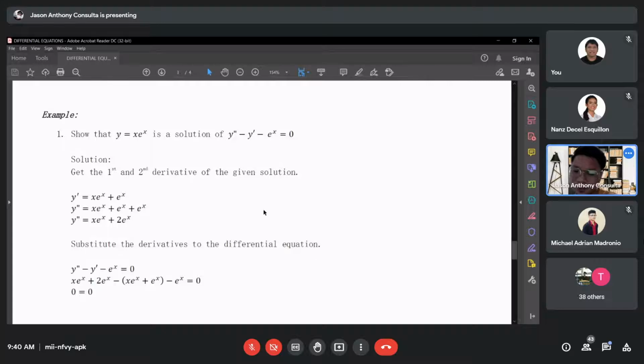Okay? Or may mali sa solution ninyo. So, usually class, if binibigay ko sa exam, talagang magsi-zero yan. So, dapat ma-prove nyo na mag-zero yung ganitong sa ganitong mga problems. Okay?